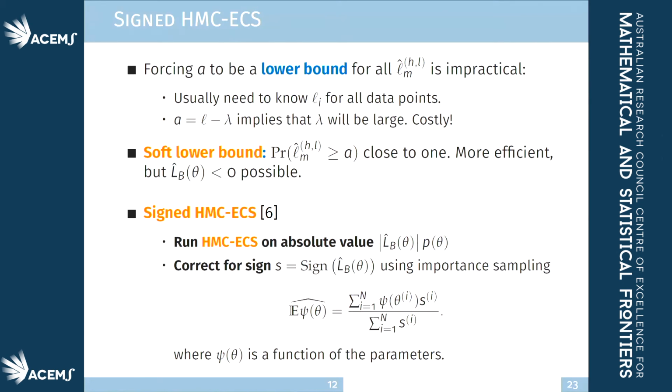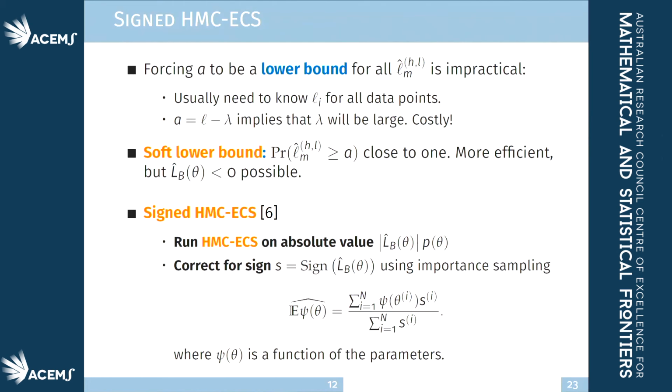So now sometimes we get negative values. So what we do is run an MCMC on the sign value. So we don't run an MCMC with LB hat. We run an MCMC with the absolute value of LB hat. And then we do importance sampling to correct for the fact that we are using the absolute value.